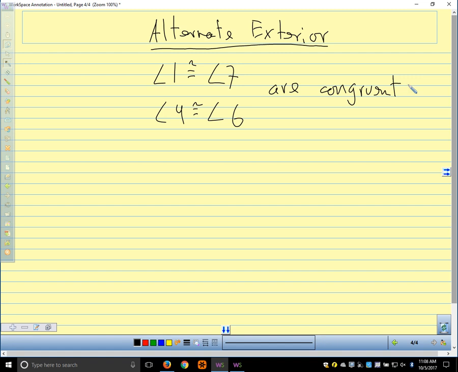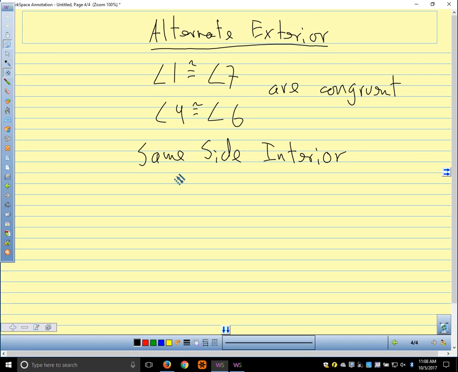All right, let's move down to the left. Same side interior. The other way that you'll see these referred to is consecutive interior. Same side means same side of the transversal.